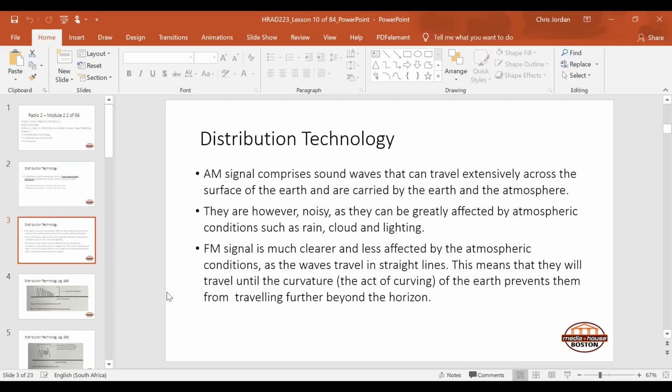An AM signal comprises sound waves that can travel extensively across the surface of the Earth and are carried by the Earth and the atmosphere. However, these are very noisy and can be greatly affected by atmospheric conditions: rain, clouds, lightning.